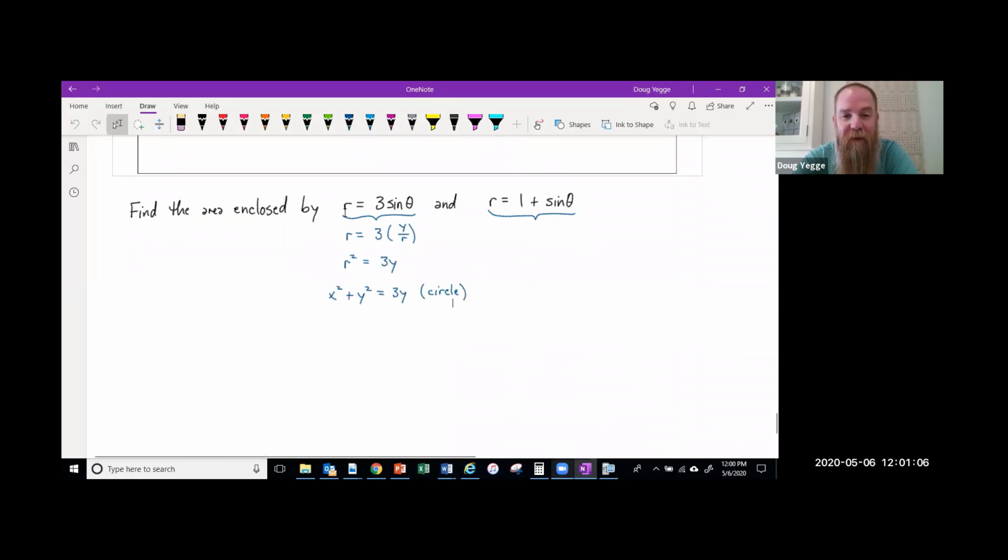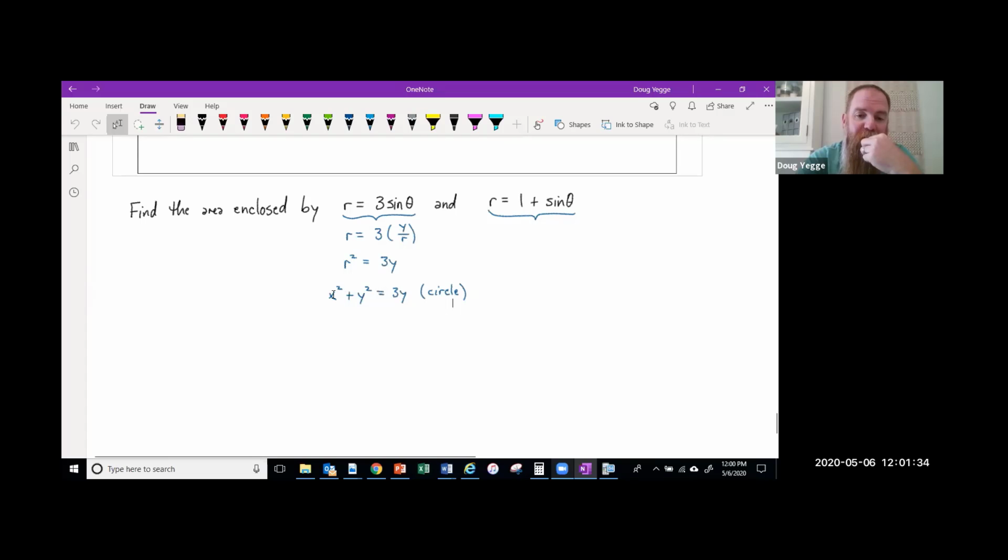So in this case right here, r was equal to 3 sine theta. I was just showing you another way to think about what a graph would look like, which is to convert it into rectangular form. So we convert sine theta into y over r. And then if I multiply both sides by r to get r squared equals 3y, r squared is the same as x squared plus y squared by the Pythagorean theorem. And I could continue this by subtracting 3y and completing the square and so on.